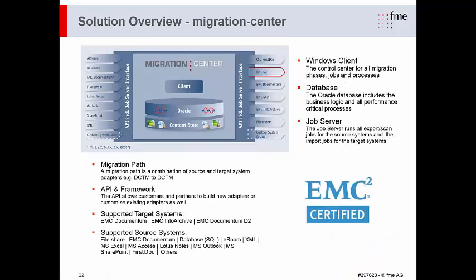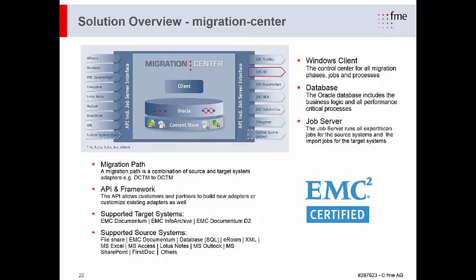Okay, so here's a high-level, big picture view of FME Migration Center as it pertains to D2. We support a variety of sources in terms of data collection, one way to call it, where we can collect information from legacy systems, even a legacy Documentum repository that you want to migrate into the D2 Q&M module.